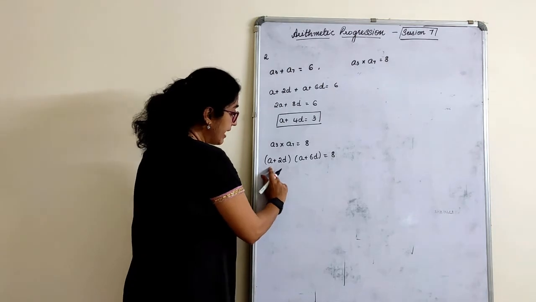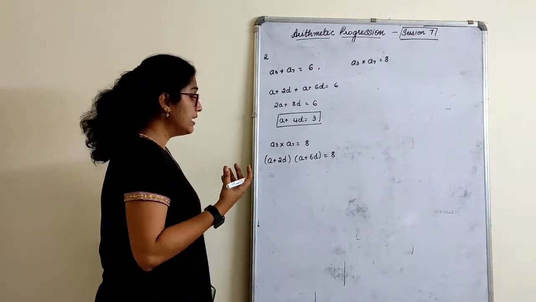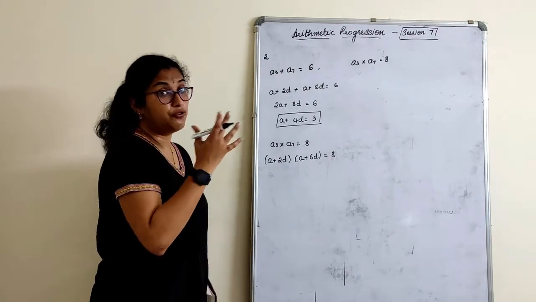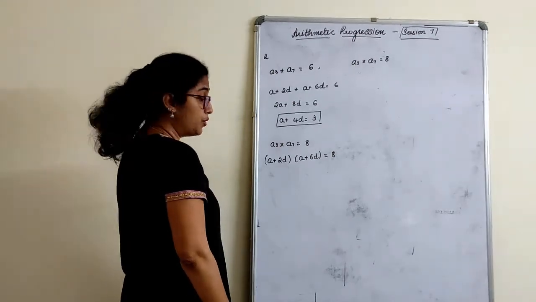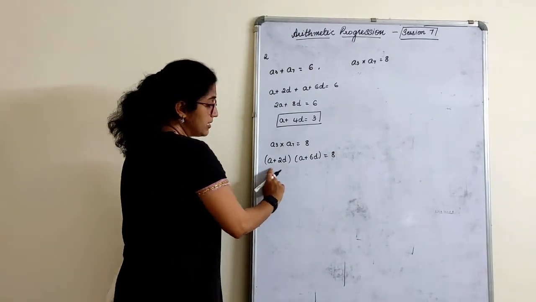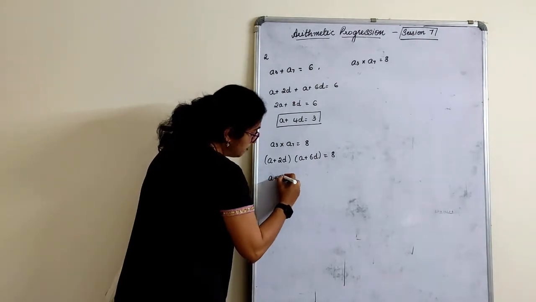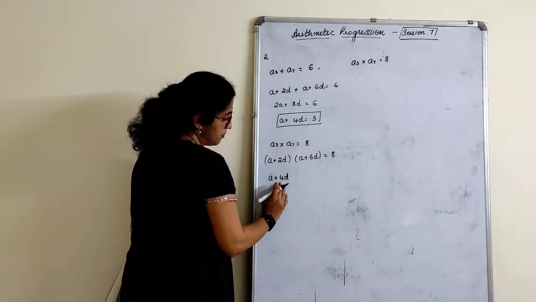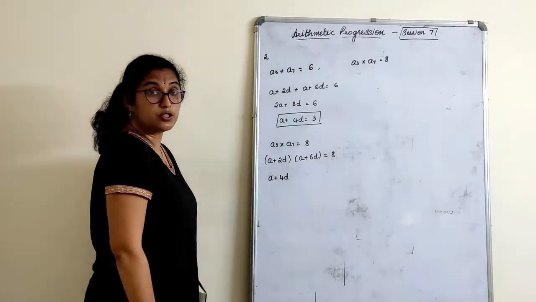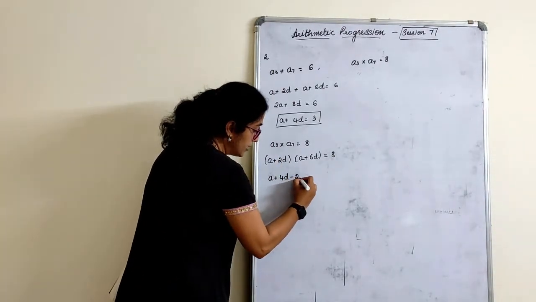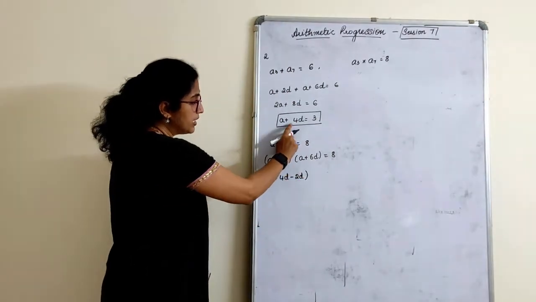So we have A plus 2D, we have A plus 6D. You should bring it in such a form that either A and D can be found out very easily. We have a condition given here, A plus 4D. Can we express this as A plus 4D? Yes. How? A plus 4D, I will write because I have A plus 4D is equal to 3. But I want A plus 2D. Shall I write minus 2D? 4D minus 2D is 2D.